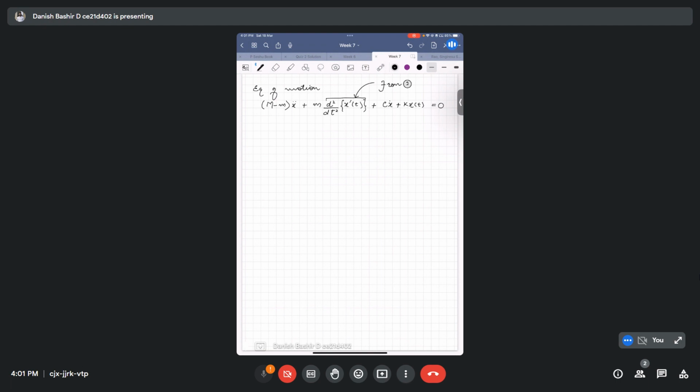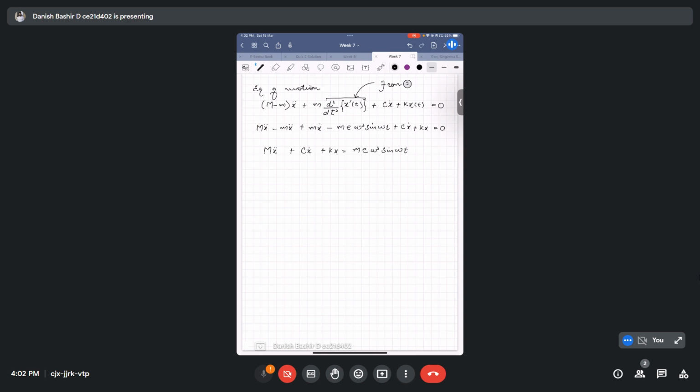Okay, when we do that, we will get M x double dot minus m x double dot plus m x double dot minus m e omega square sin omega t plus c x dot plus kx is equal to 0, or writing it properly, it will be M x double dot plus c x dot plus kx is equal to m e omega square sin omega t.